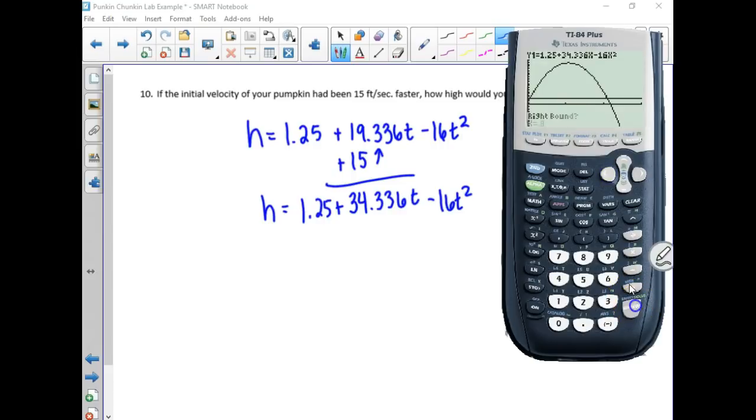So I go to the left side of the hill, I hit enter. I go to the right side of the hill, I hit enter. Then I go back towards the center for the guess. And I get that my maximum point now, that y coordinate, is 19.671 feet. And it makes sense that that should be higher than what you got the first time because your pumpkin is going faster.